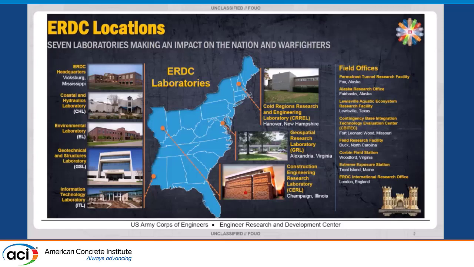So what we have is the Coastal Hydraulics Laboratory, Environmental Laboratory, Geotechnical Structures Lab, that is where I am from, and Information Technology Lab. These are all in Vicksburg. In addition to that, we have Cold Research Laboratory, that's in Hanover, New Hampshire. We have Geospatial Research Laboratory, this is in Alexandria, Virginia, and Construction Engineering Research Laboratory, that is in Illinois.